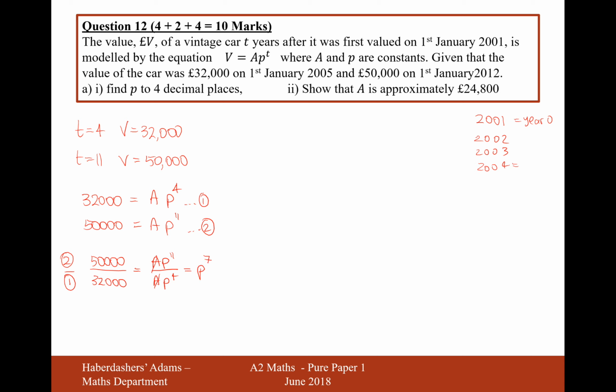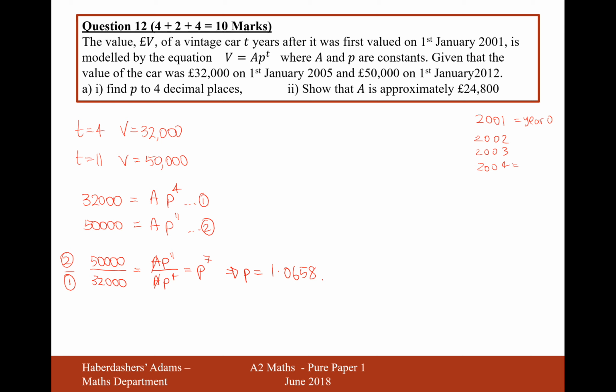So p is the 7th root of 50,000 over 32,000, and we therefore get that p to 4 decimal places is 1.0658. There we are, that's the answer to part (i).